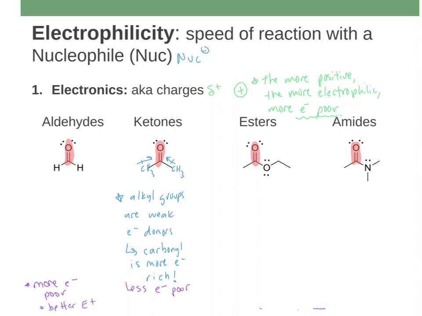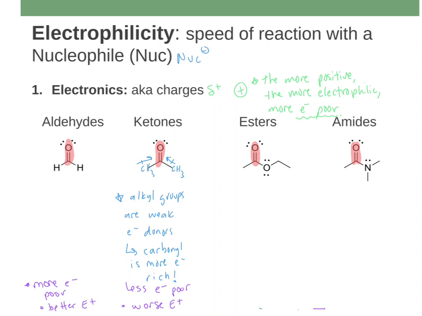They're going to attract a negative nucleophile better than a ketone. So compared to an aldehyde, a ketone is a worse electrophile, just because ketones are a little more electron rich, so they don't attract those negative nucleophiles as much. And again, they're more electron rich because they have alkyl groups which donate electrons.